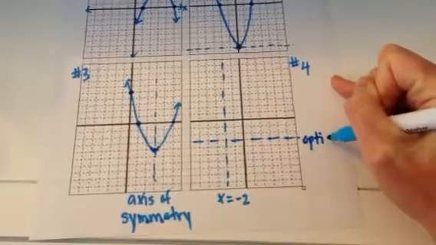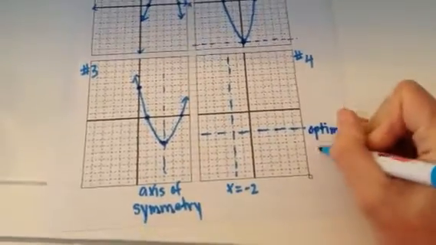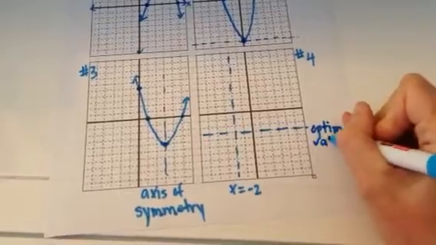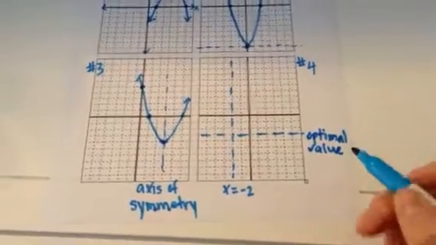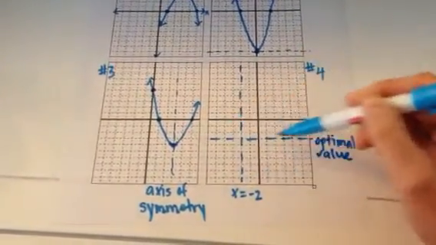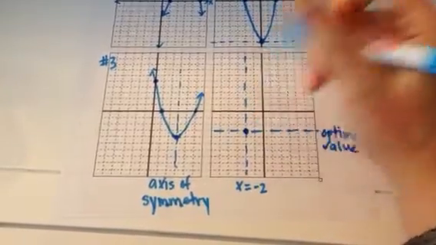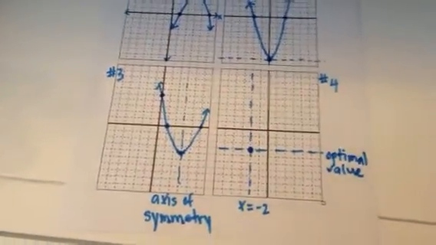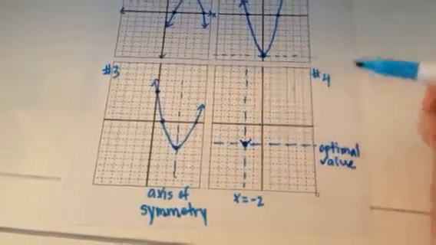Okay, so the optimal value is there. Where the axis of symmetry and the optimal value intersect, right here, will be our vertex. We know this will be our lowest point, so we have a minimum here, and it's going to open upwards.